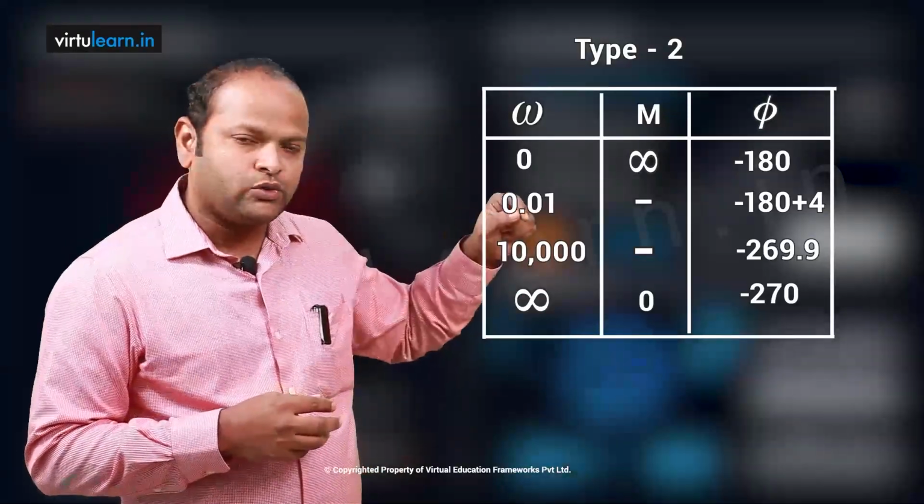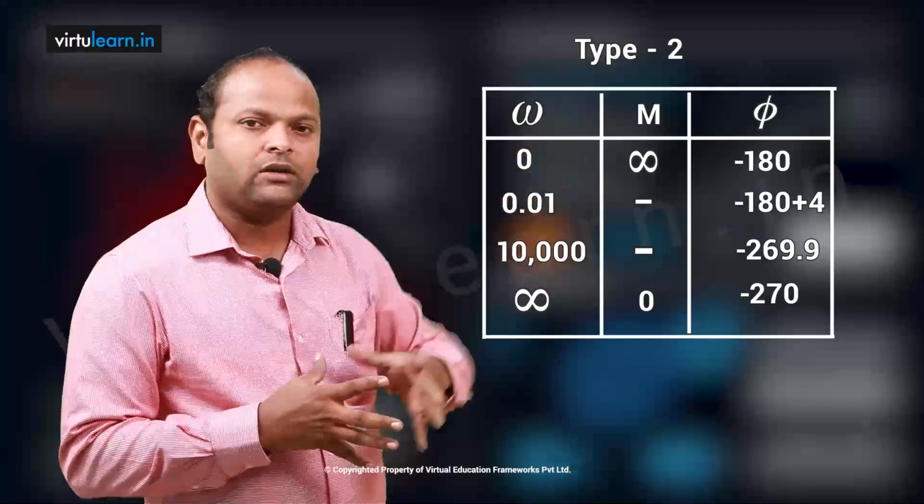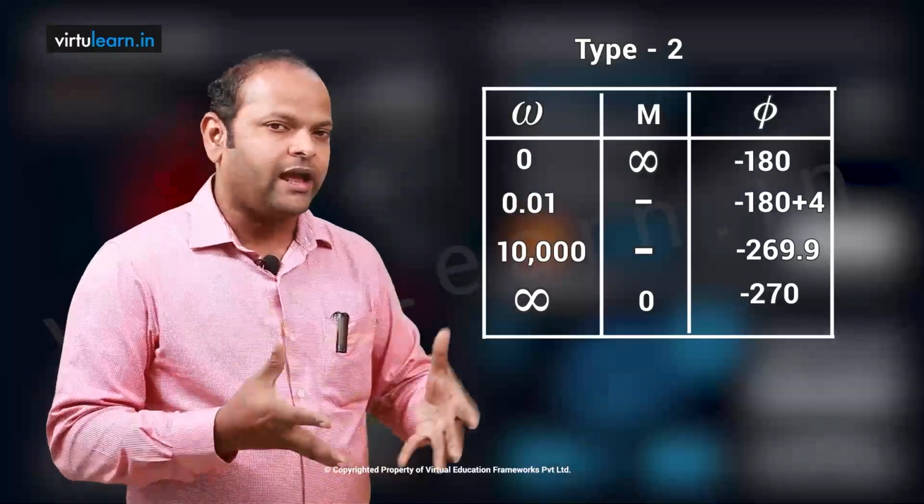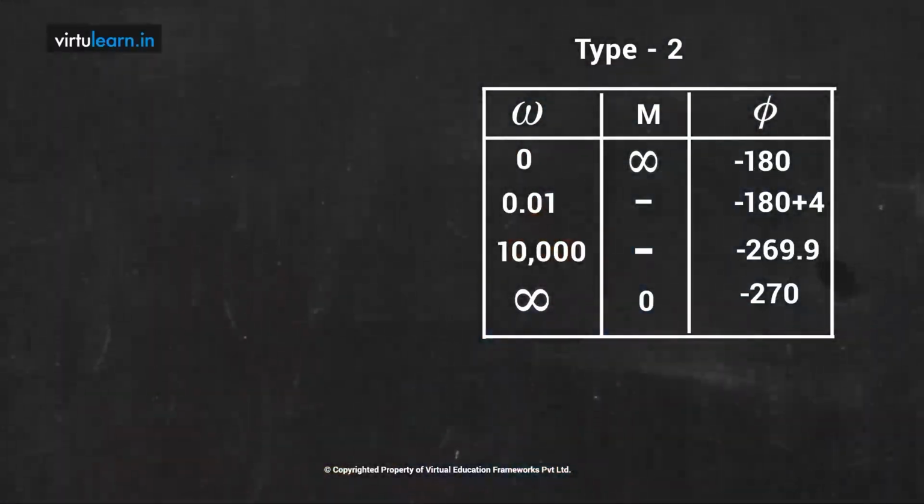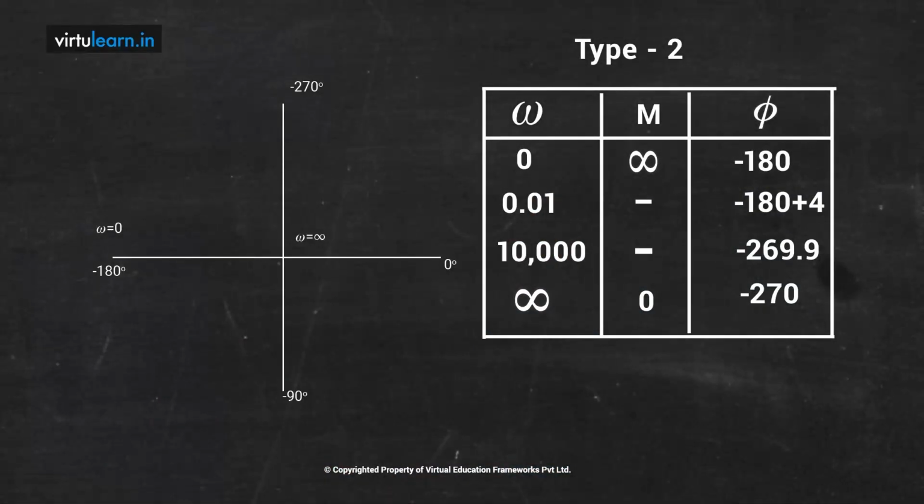So minus 269 again lies in the second quadrant only. So your entire polar plot lies in the second quadrant. The starting magnitude is infinity with phase angle minus 180, it comes like this, and it goes to 0 while touching the minus 270 degrees line. So this is what my polar plot is for this particular system.